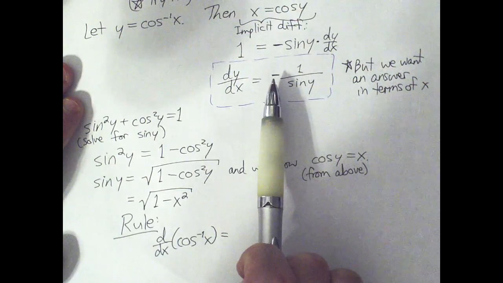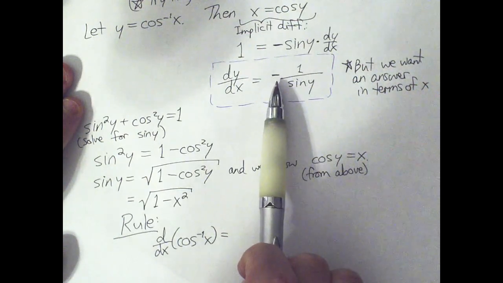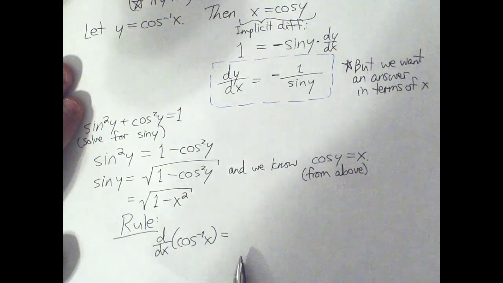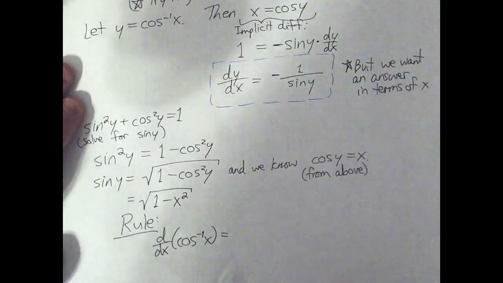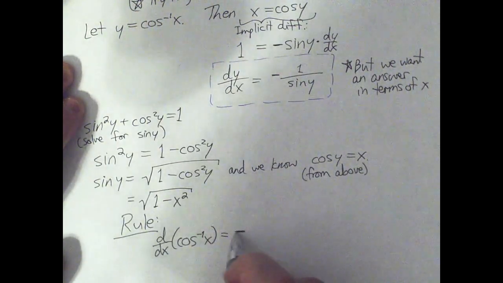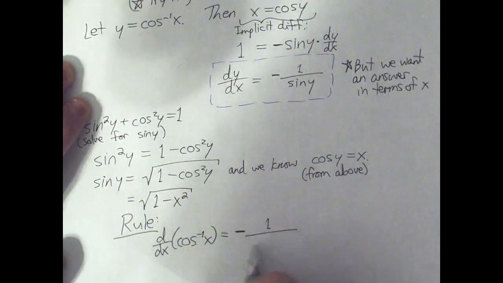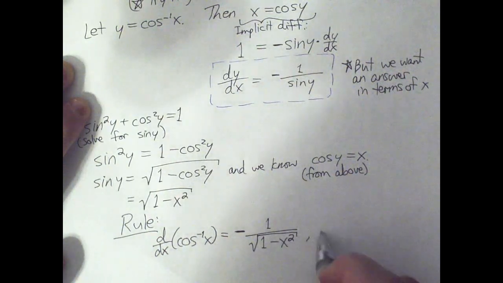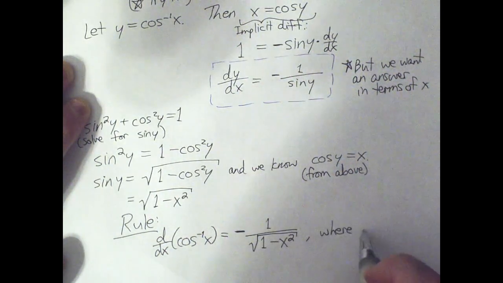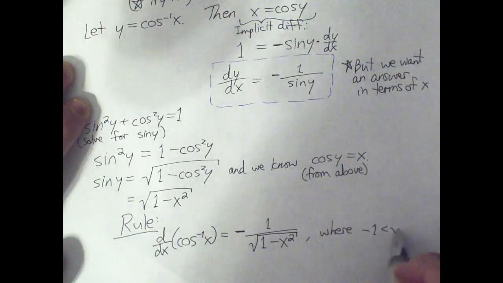Don't forget that this has a minus out front. The minus has to be in our answer here, right? So minus 1 over square root 1 minus x squared. And I'll say where negative 1 is less than x is less than 1.